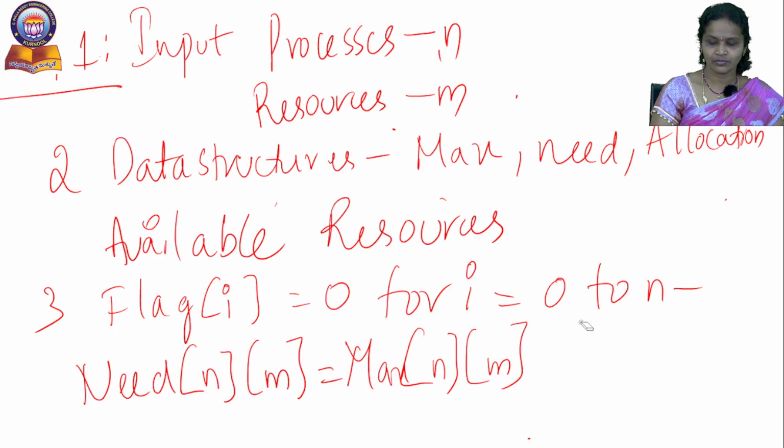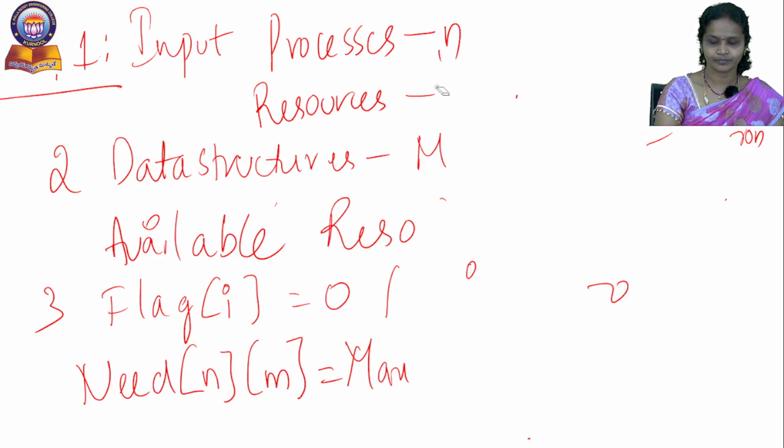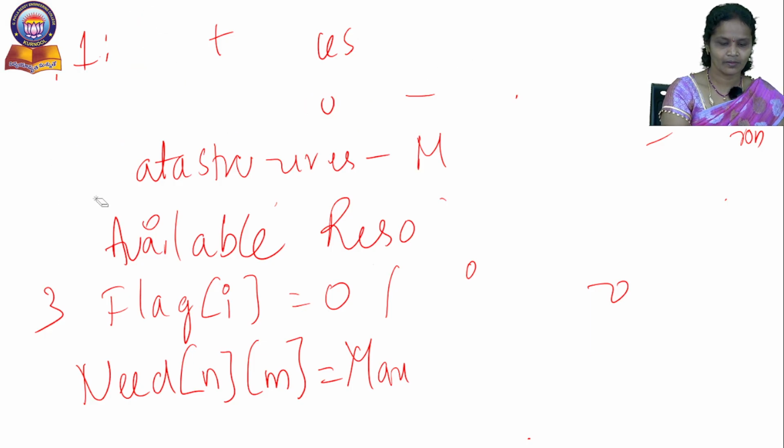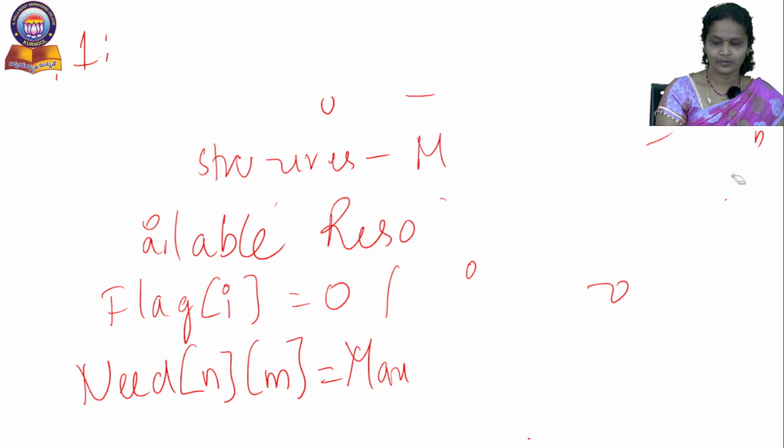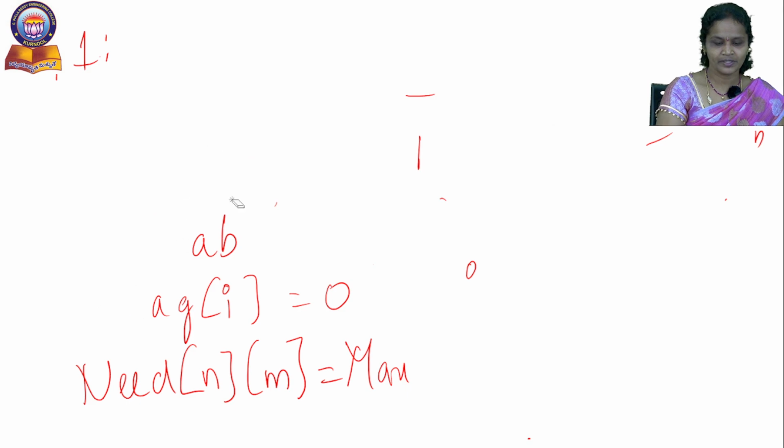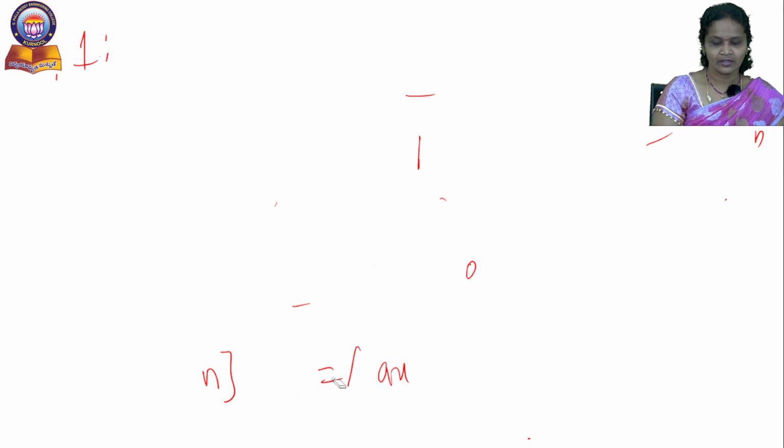Let us see the fourth step. We need to find which process can be taken for starting the safe state sequence.